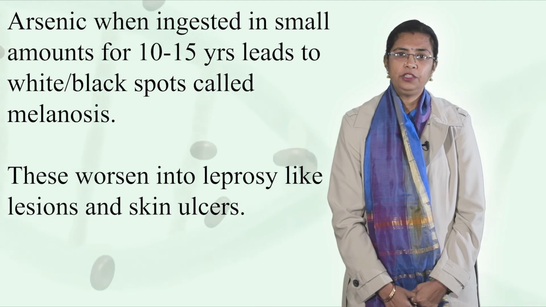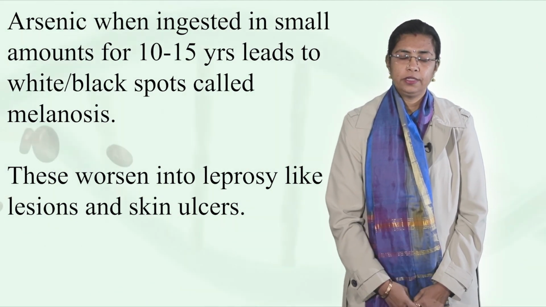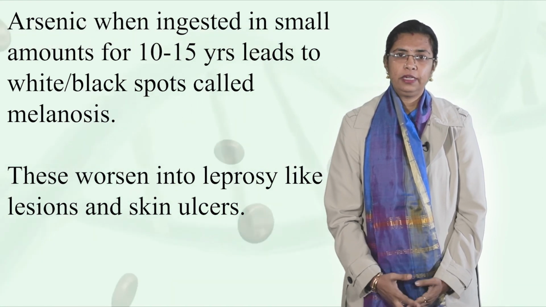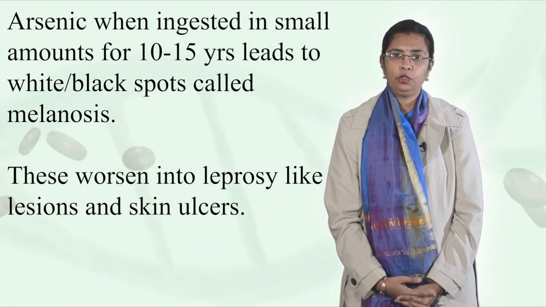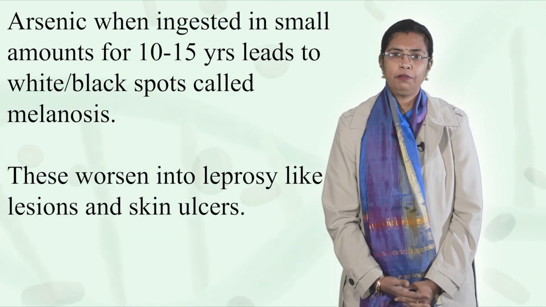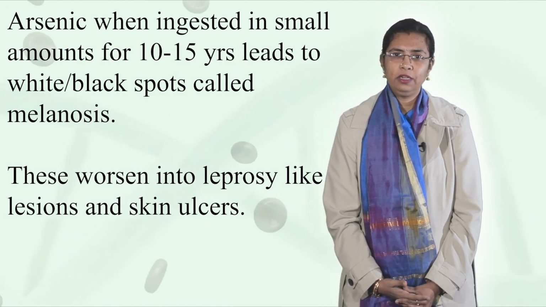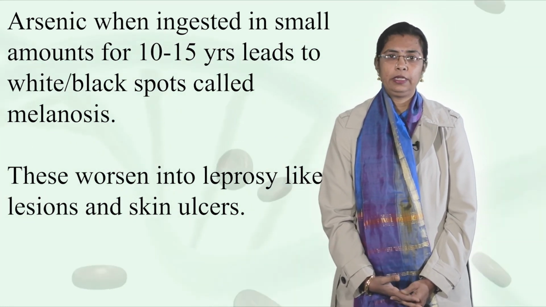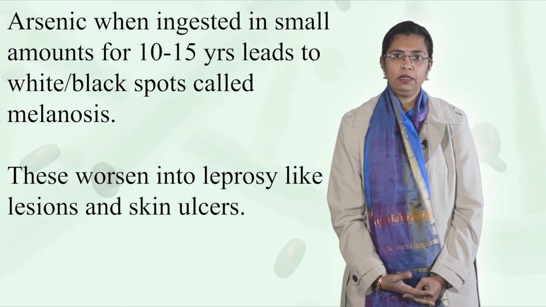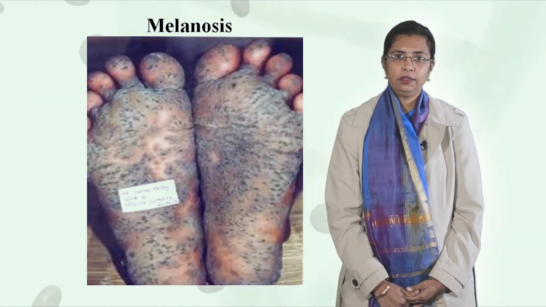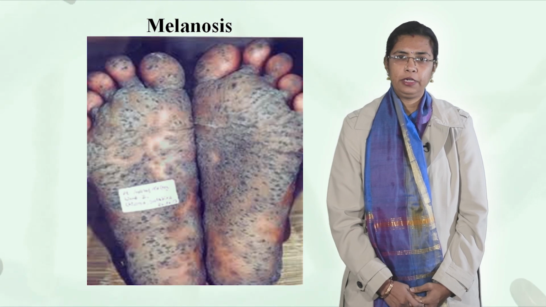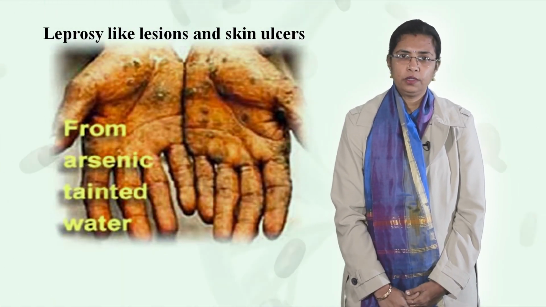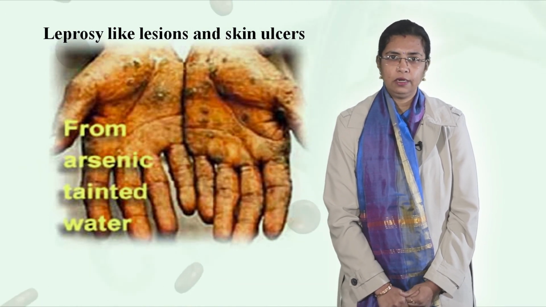When arsenic is ingested for more than 10 to 15 years, it gives rise to certain spots called melanosis. That manifests into keratosis, or hardened skin, and after that it leads to leprosy-like skin lesions. So arsenic is toxic, and it can cause various types of skin disorders and lesions. In this figure you can see the first form, which develops after 10 to 15 years, that is melanosis. In this form you can see the arsenic-tainted waters leading to lesions and skin ulcers.